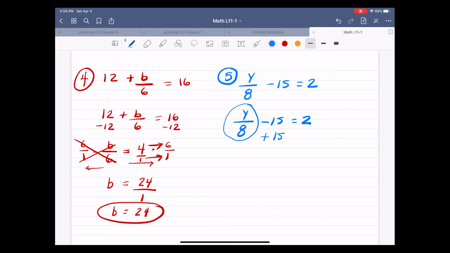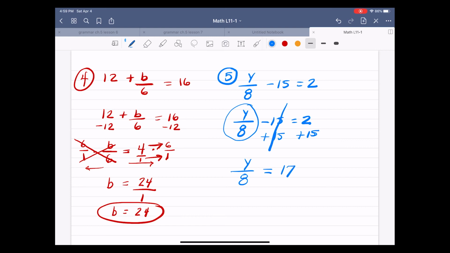If I add 15 to the left, I have to add 15 to the right. These cancel out. Negative 15 plus 15 equals 0. Then I'm left with y over 8 equals 2 plus 15, which is 17.